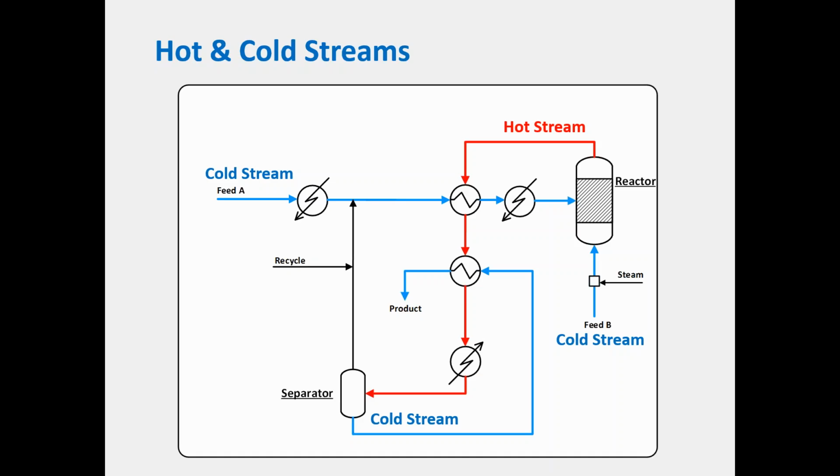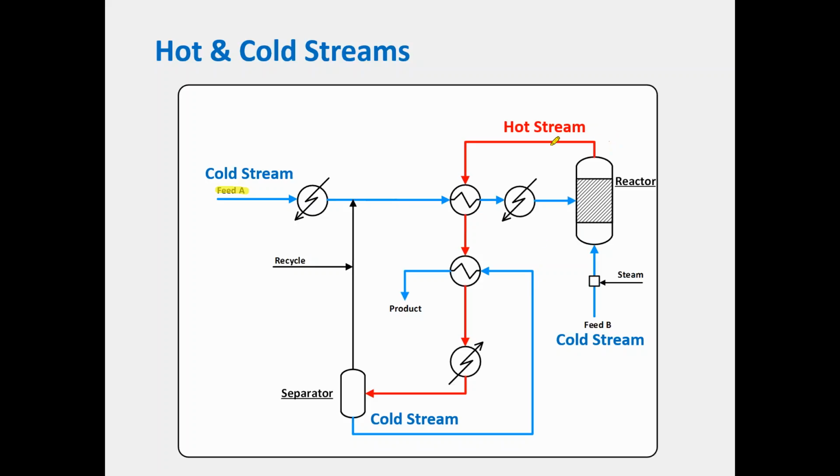So if we go back to our flow sheet here, I've just indicated which streams on our flow sheet are hot streams and which ones are cold streams. For example, this stream here, feed A, the main feed coming in, is obviously a cold stream because we're supplying heat both by utility and with this hot stream, this exit from the reactor, heating that up before the reactor.